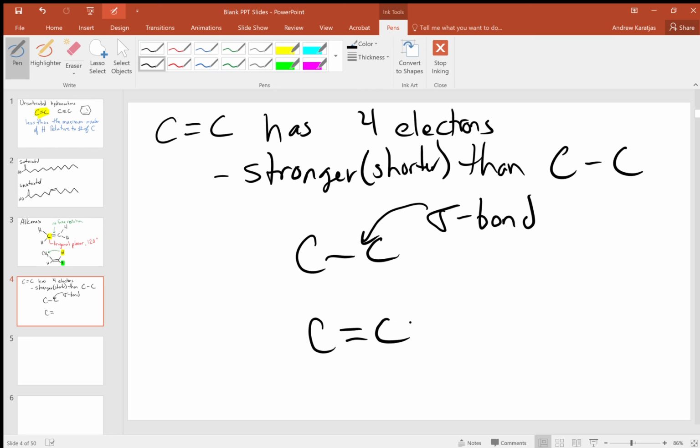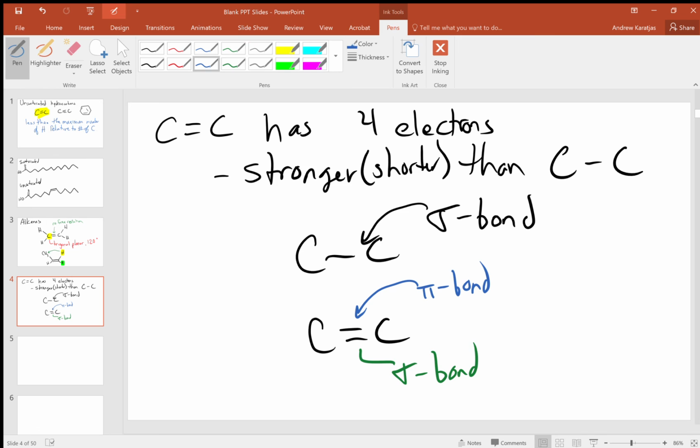When we have a double bond, the first bond of that is known as a sigma bond. The second bond is known as a pi bond. And the location of the electrons in the pi bond is different than the location of the electrons in the sigma bond.